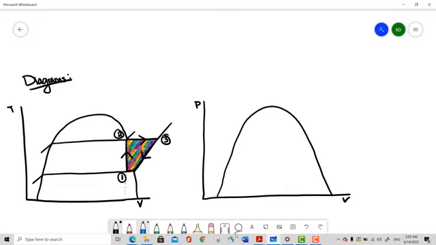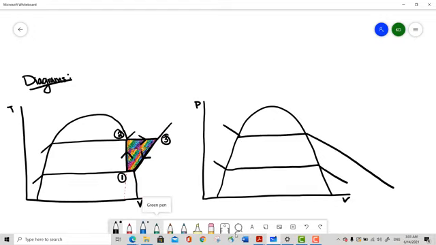All right, and so let's do the same thing over here. Okay. All right, so now, again, we have constant volume right here and constant pressure. Okay, let's use a galaxy pen.